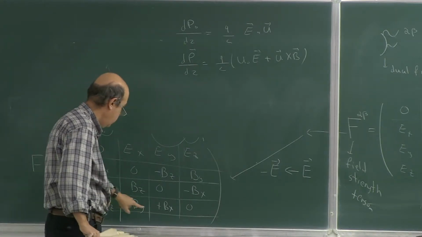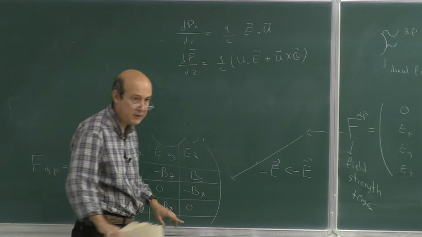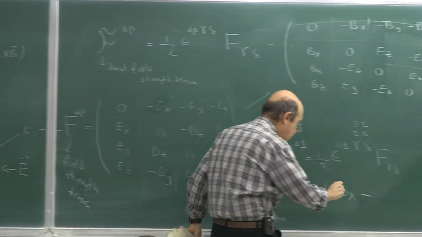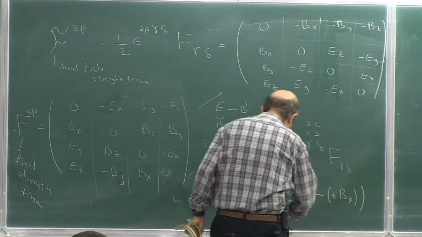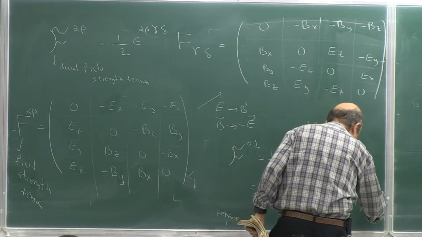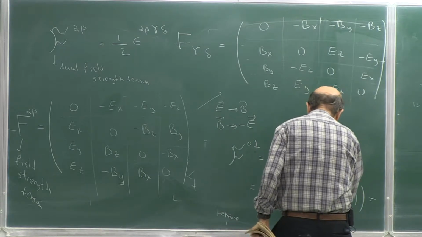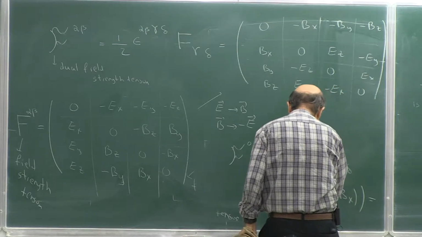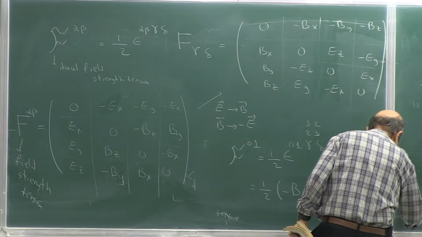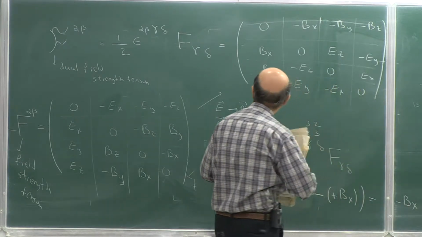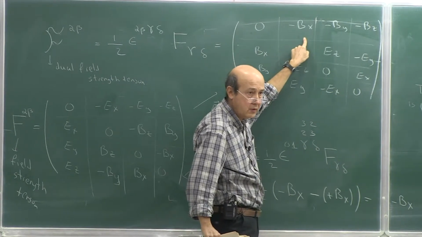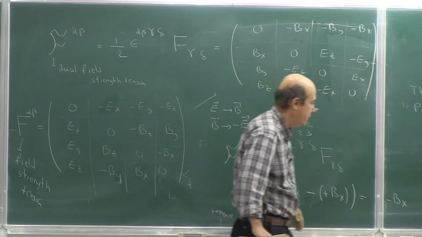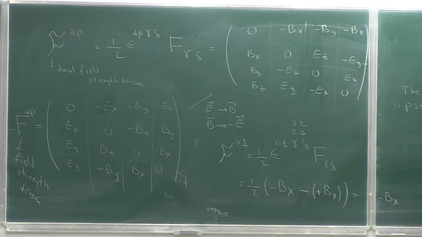Plus Bx, yes, plus Bx. So that is plus Bx. And altogether, this is equal to minus Bx, 2 times of this, that will be minus Bx. Is it correct? What is the 0, 1? 0, 1 is minus Bx. Okay? So this is a simple calculation of one component of the dual field strength tensor.